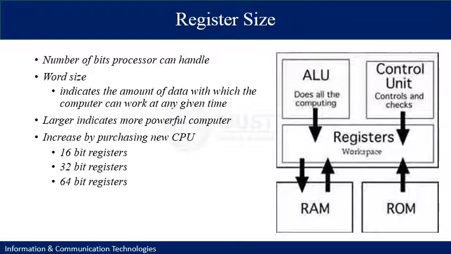It is the one block of data that a computer can process in any single instruction. The larger the block, the more powerful your computer is. So you can increase the speed of your CPU by increasing the size of the registers.